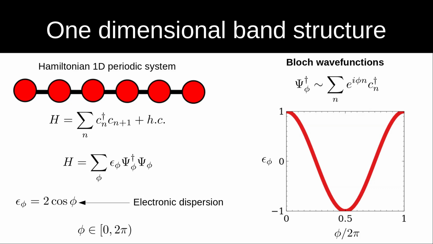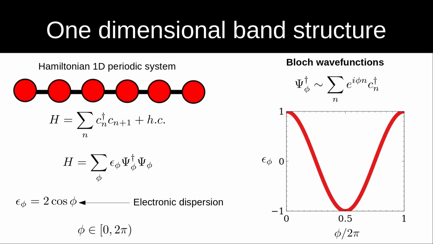Now, in this dispersion, there are several very interesting things that we can notice. First of all, at the top of the band, the curvature is different than at the bottom of the band. If you look at the bottom of the band, you can realize that there's an approximately parabolic dispersion. But at the top of the band, there's a parabolic dispersion that goes the other way around.